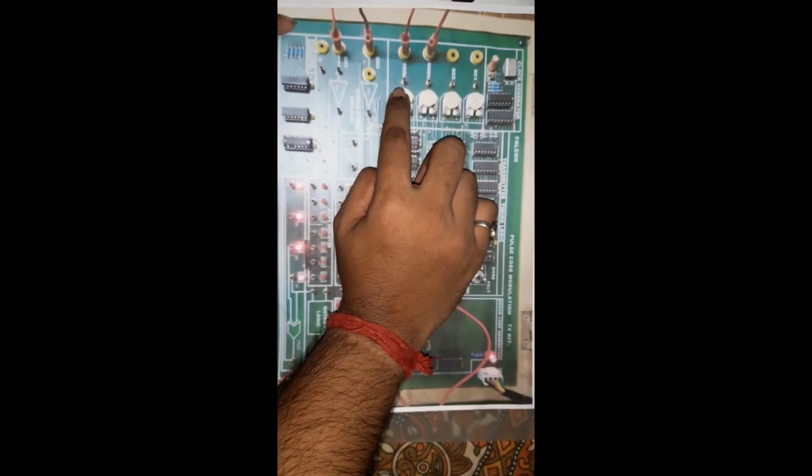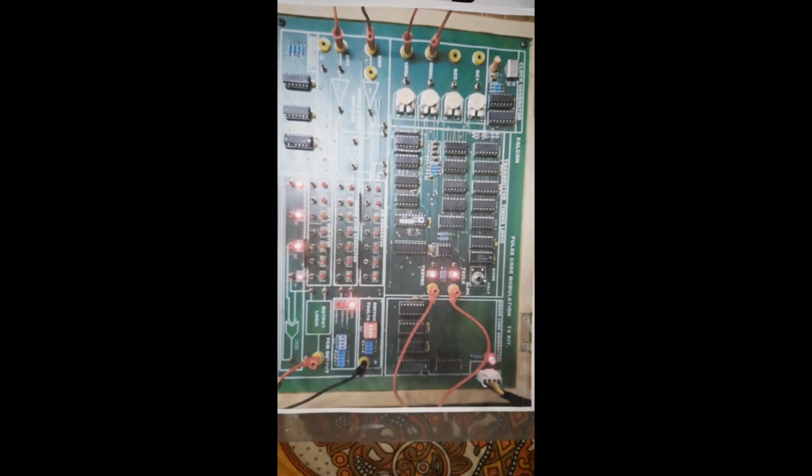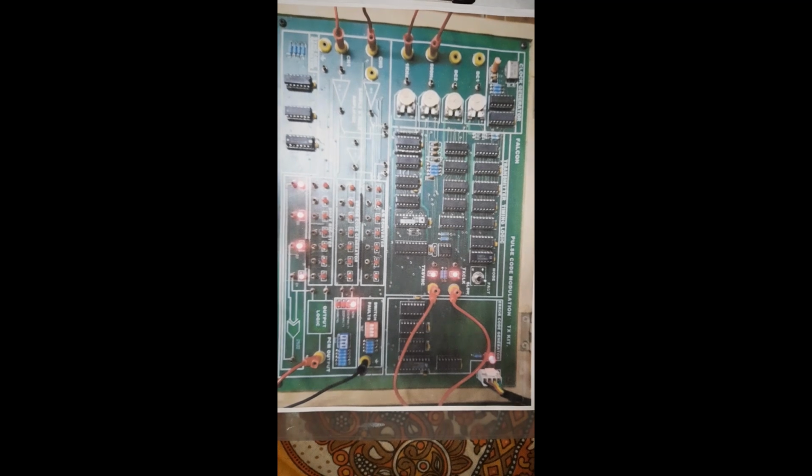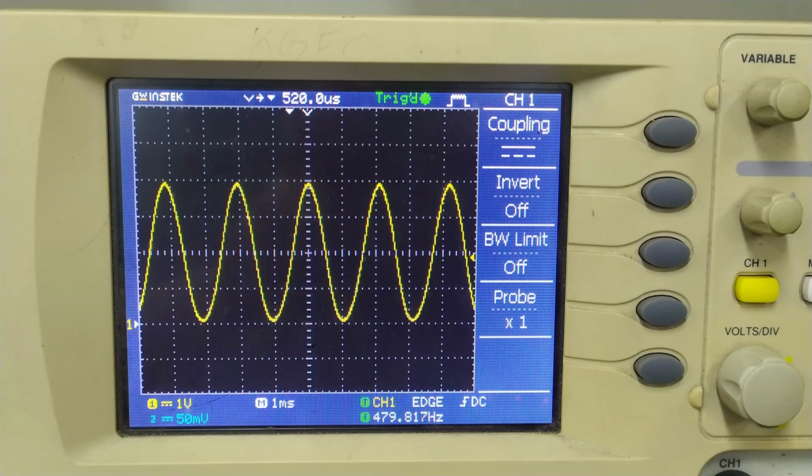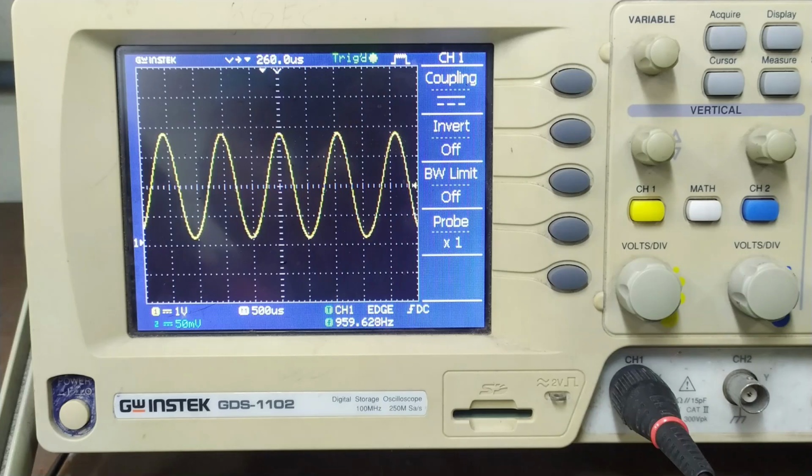I think you can't distinguish these two types of signal by frequency, but if you look at the time period, you will understand which is the higher frequency and which is the lower. The first one I showed you was the lower frequency, and the second sinusoidal waveform was the higher frequency.